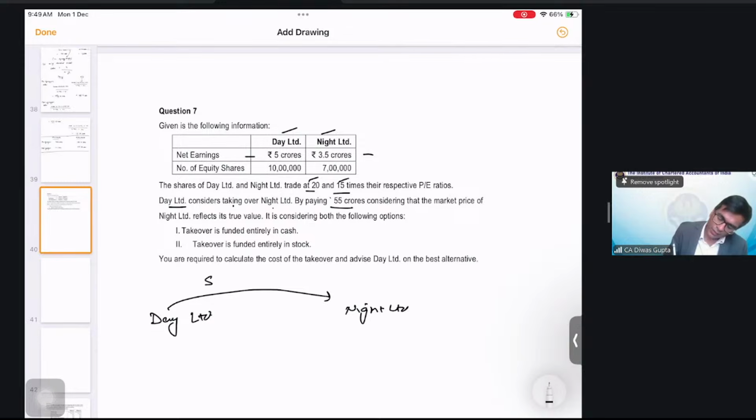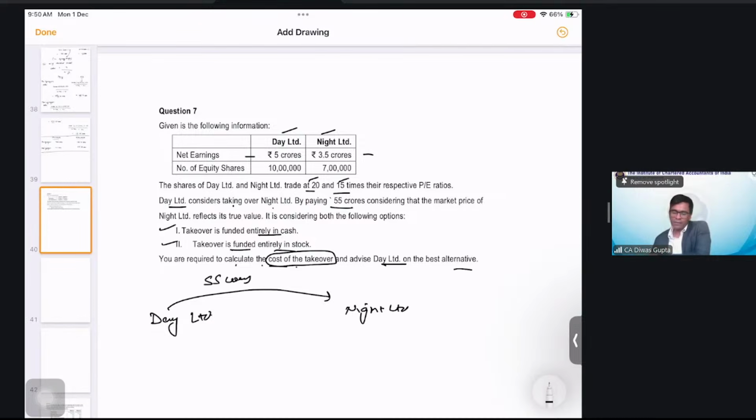So 55 crores will be paid to the shareholders of Night Limited. It is considering both the following options: takeover funded entirely in cash, takeover funded entirely in stock. You are required to calculate the cost of takeover and advise Day Limited on the best alternative.